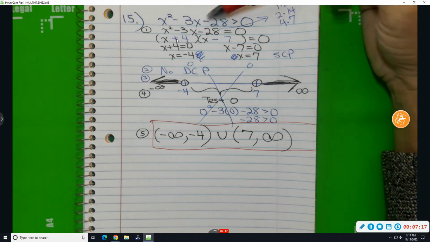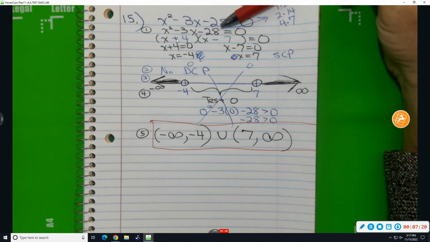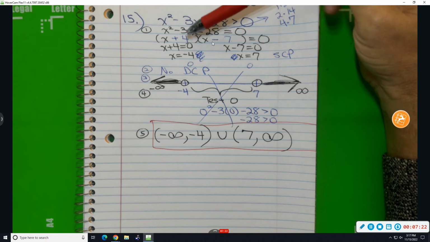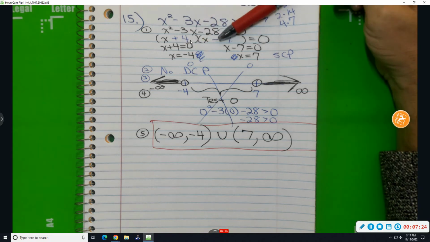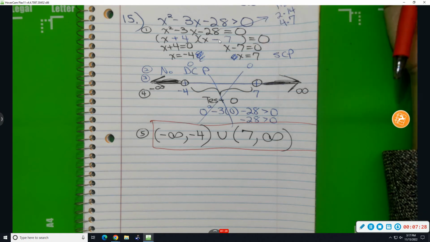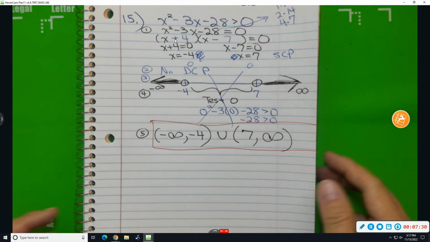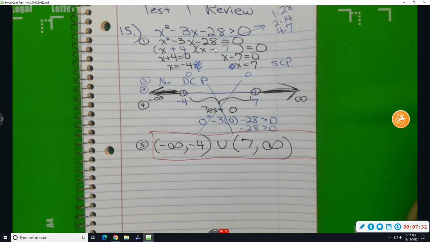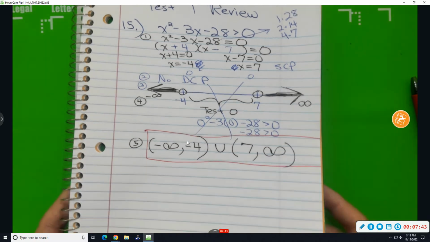You have to have perfect squares in the original problem, so it can be factored as something like x plus 4 times x plus 4, or x minus 7 times x minus 7. If you wind up with the same thing in both sets of parentheses when you factor, you need to test every interval. Okay? But that doesn't happen in your class on this, but theoretically it could happen.